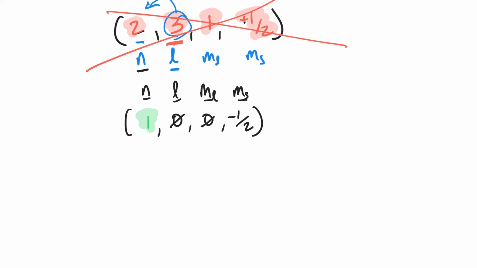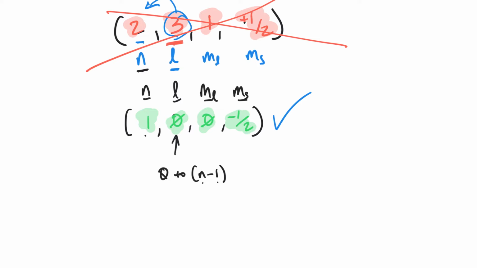The value of L has to be between 0 and N minus 1. Since N is 1, 1 minus 1 is 0, so this works. M sub L is always from negative L to positive L. Since L here is 0, this works. And M sub S could be negative 1/2 or positive 1/2, and this works as well. So this set of quantum numbers is good.